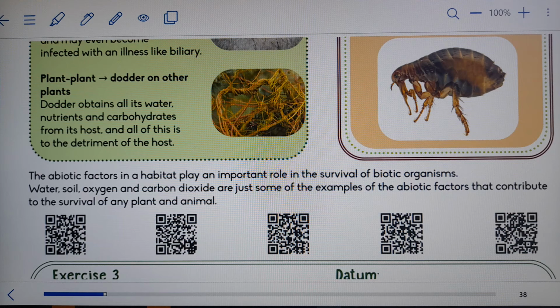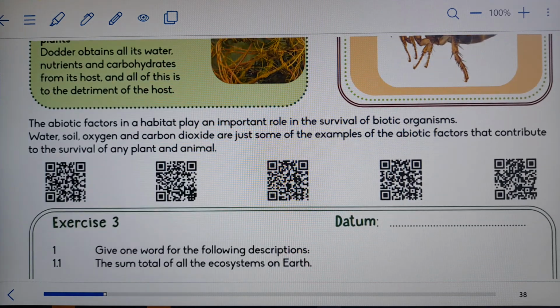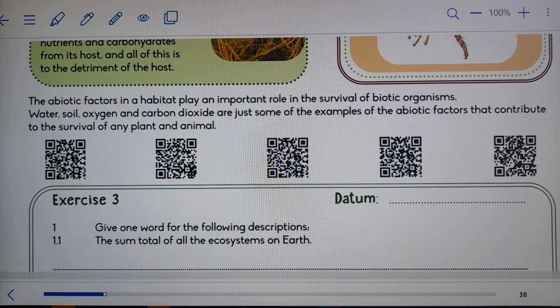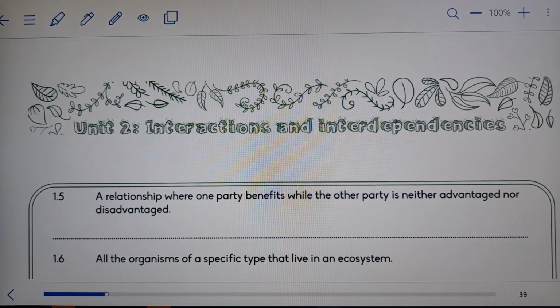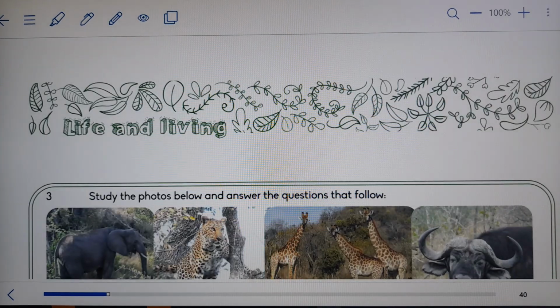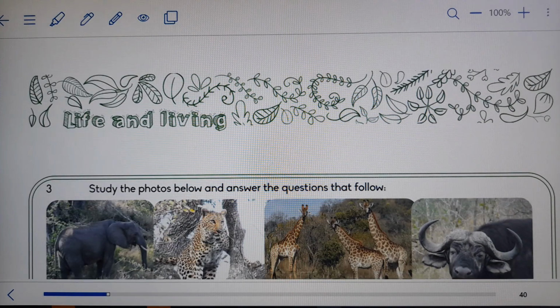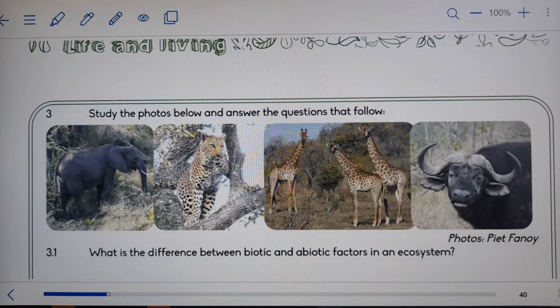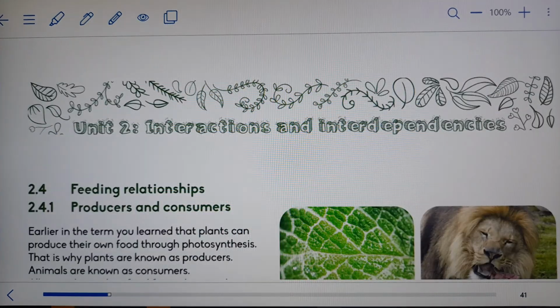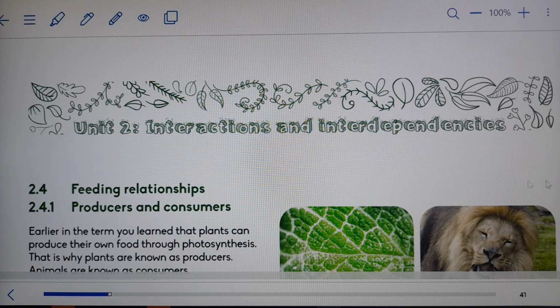So we, the biotic organisms, right? We need the abiotic factors for survival. We really need that. Our survival is dependent on abiotic factors, which is water, soil, and carbon dioxide.